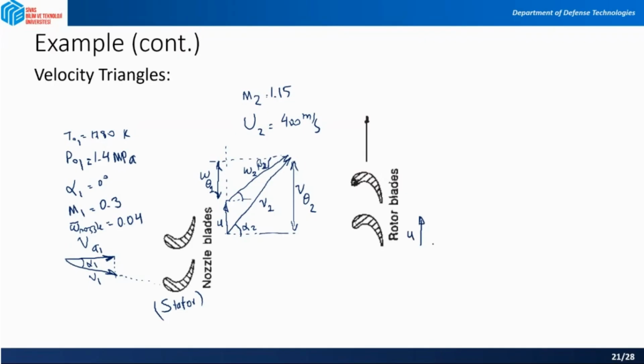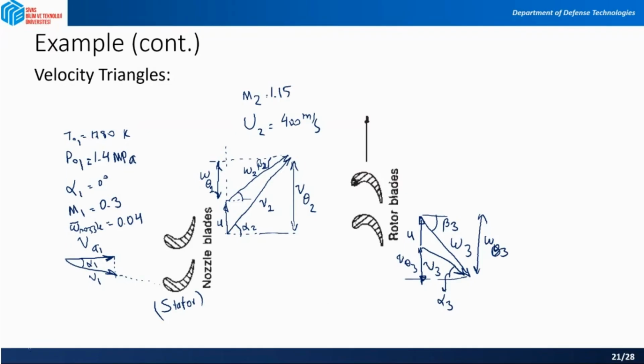And this time you have your W, and this is the V3 velocity. So this is your alpha 3, this is your beta 3, and this thing in here will be your V theta 3, and the whole thing in here is W theta 3.